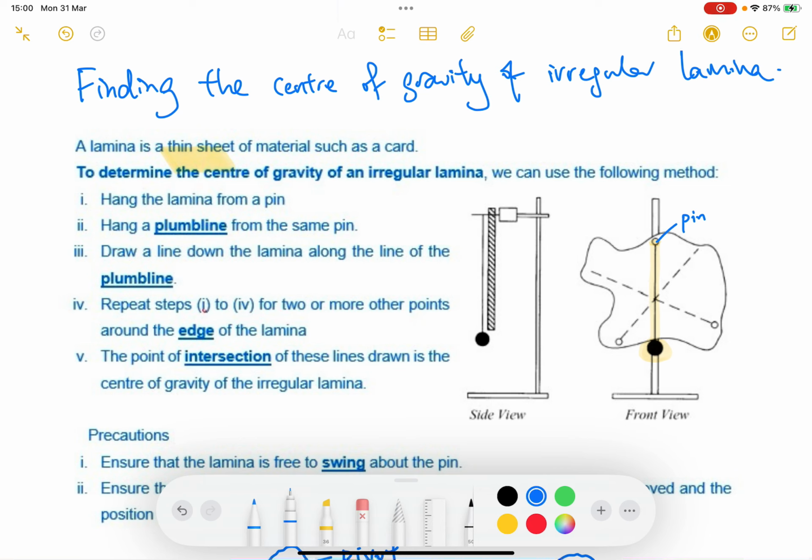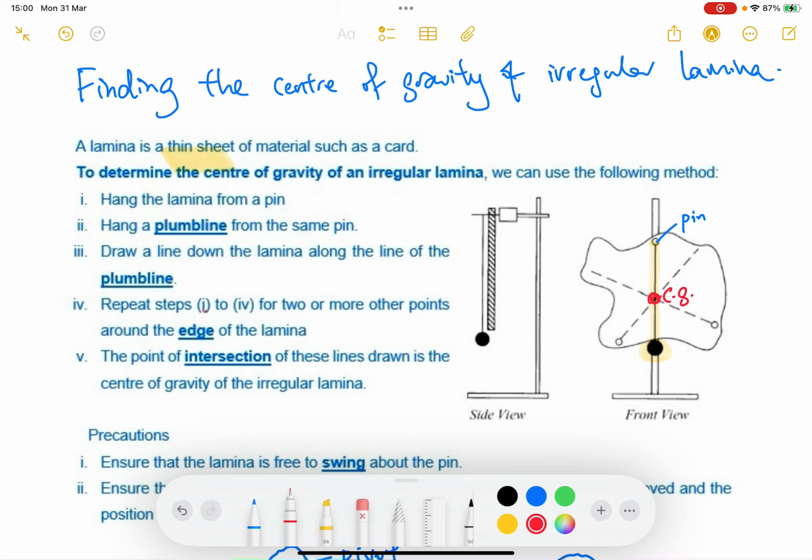So you draw a straight line down that lamina, where the plumb line is. And you repeat the steps for two more points such that you have three lines, and where the three lines intersect, that is where your center of gravity is going to be. So in this case, your center of gravity will be over here.